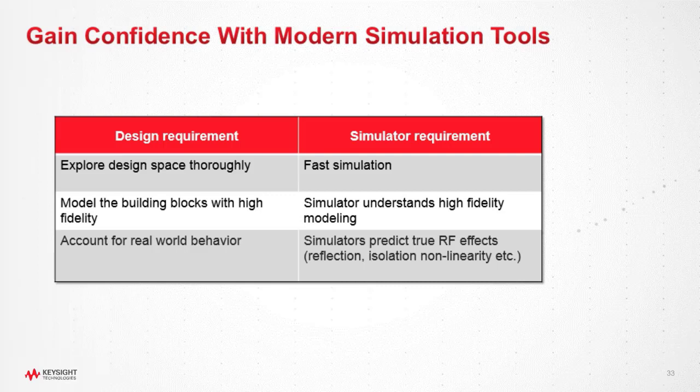So we might be able to make very good measurements and then bring that data in as high fidelity models, but the simulator should be able to absorb that. The simulator should be able to absorb it and then quickly parse the data and simulate quickly. That put another onus on the simulator requirement, to be able to understand these high fidelity models and then simulate very quickly.